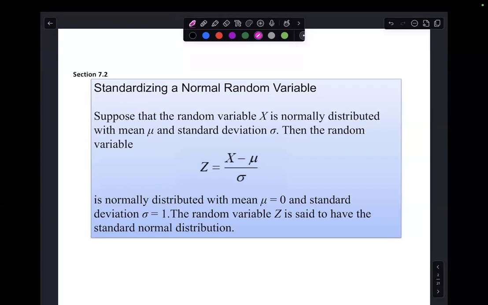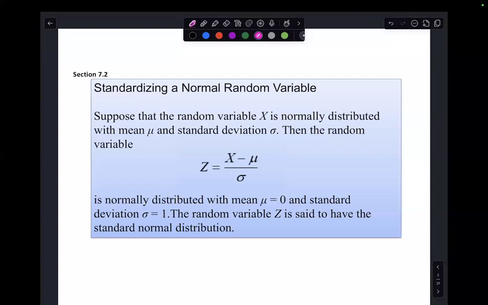Sometimes when we're comparing two things from two different populations, it's like comparing apples to oranges. You're going to see in your homework that they use the ACT and the SAT. They're two standardized tests, but they score very differently. So in order to compare how well you did on both tests, if we convert all of the data values to z-scores, it makes it a lot easier to compare them. So that's what it means when we standardize a normal random variable.